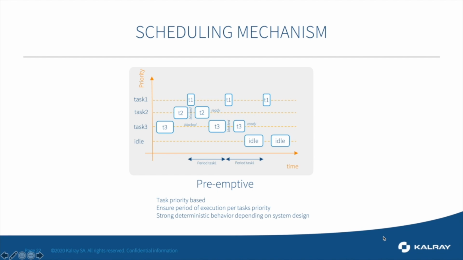Thanks to this type of scheduler, you can ensure that task 1 will always be executing when you expect it to be executed. That could be for monitoring a system, for ensuring a bit clock, or for many reasons, but you are ensuring this type of behavior, a strong determinism for your system design.